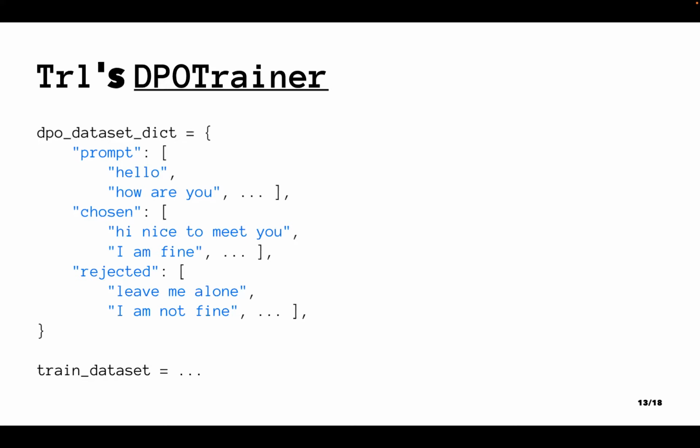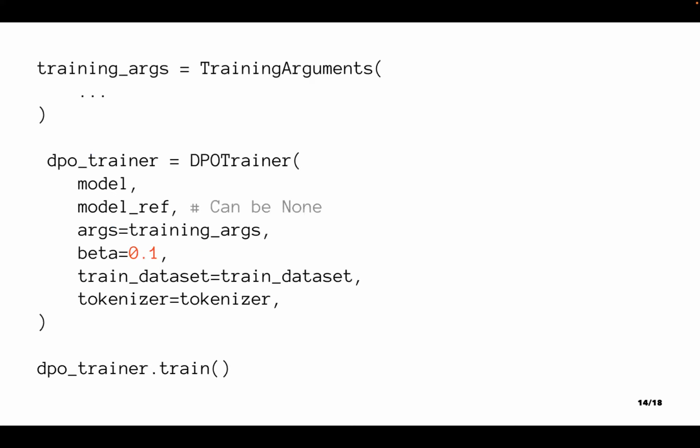Given this structure, you can create a training data set that will sample the appropriate tuples randomly. Once you have that, in TRL there's a DPO trainer, which takes in a model as well as a reference model and this data set, and you call train on it, and it will train with respect to that loss that I showed you.